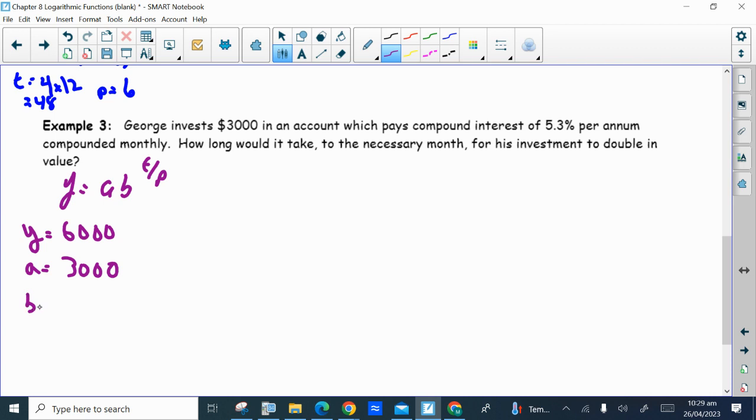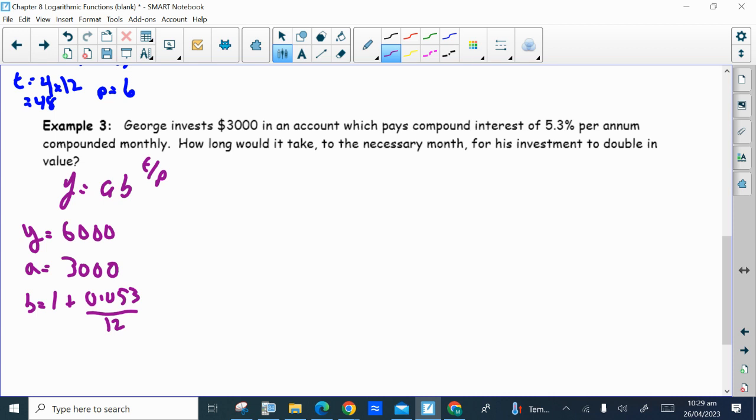B, our growth rate will be 1 plus, again, that 1 represents 100% of the investment, plus, in this case, the interest is calculated or compounded every month. The annual rate is 5.3%, which will be 0.053, but that needs to be divided by 12 to get the monthly rate.